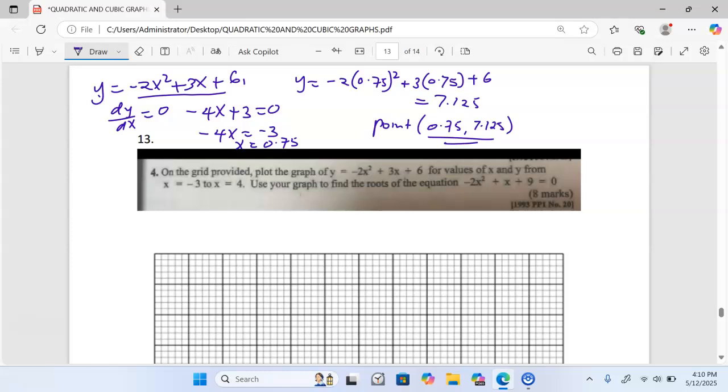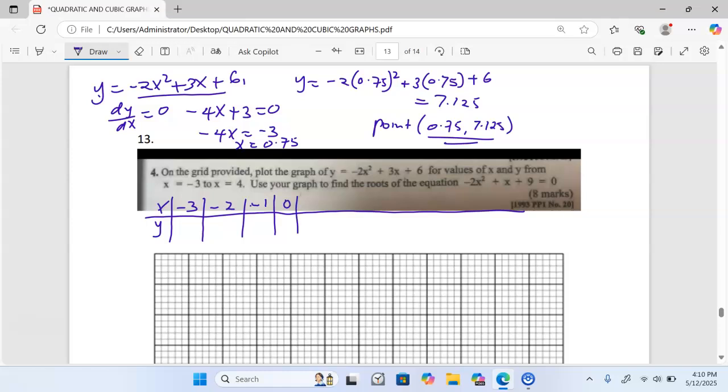From here, we are going to make a table having the values of x and y. The values of x range between negative 3 to positive 4. So we begin with negative 3, negative 2, negative 1, then 0.